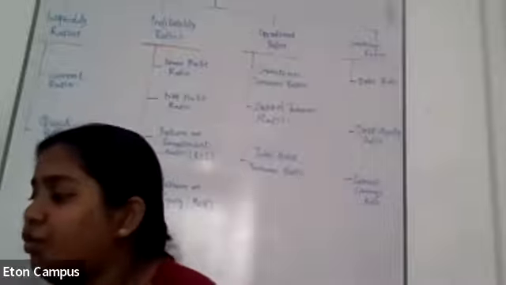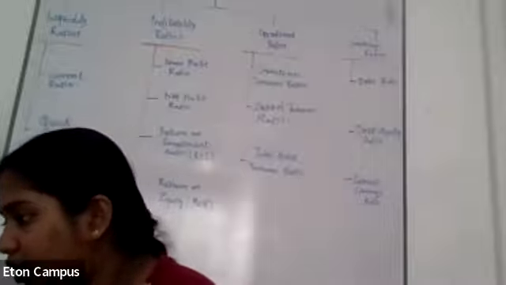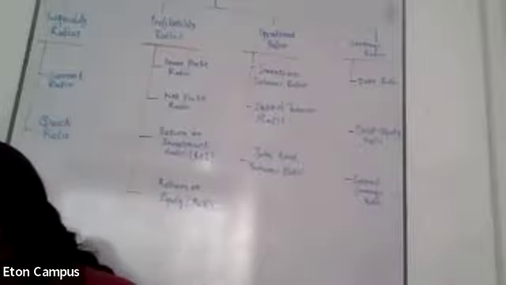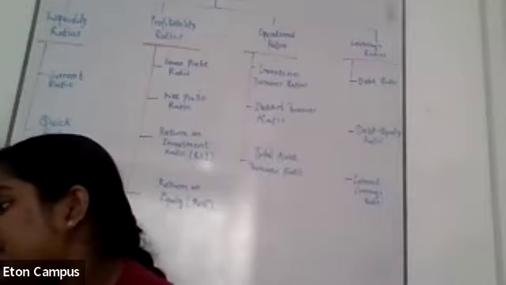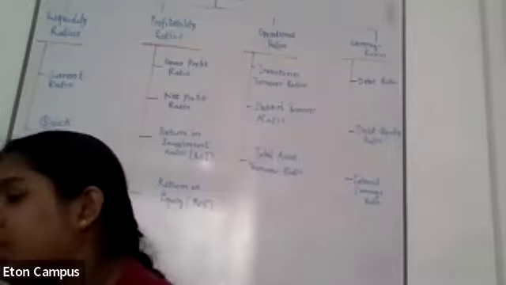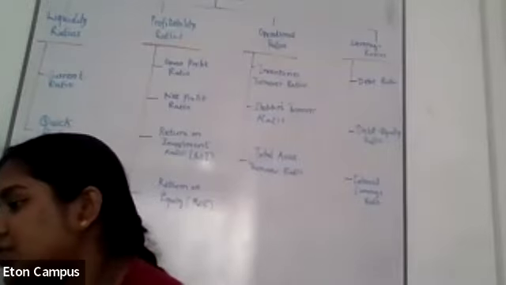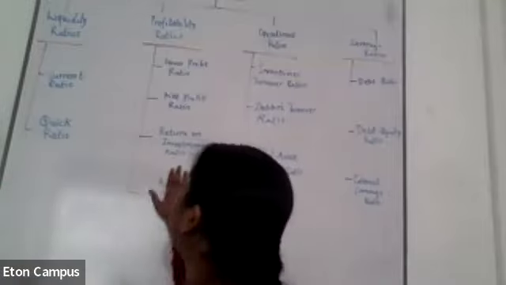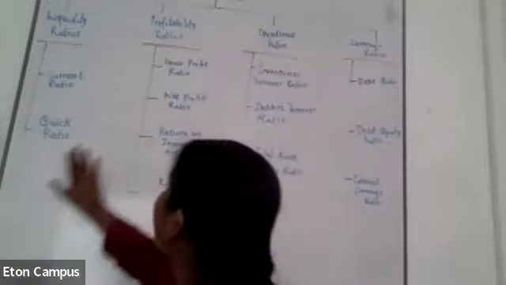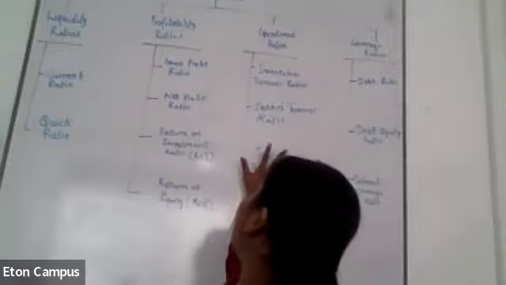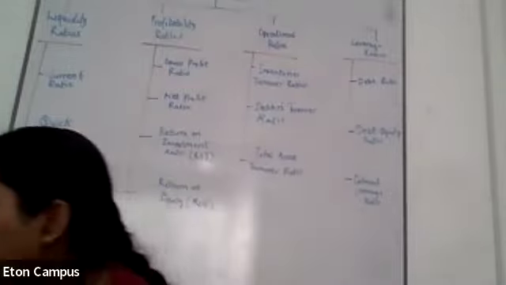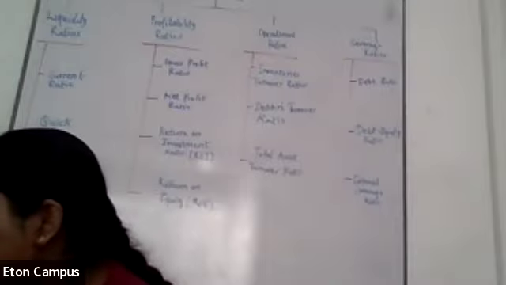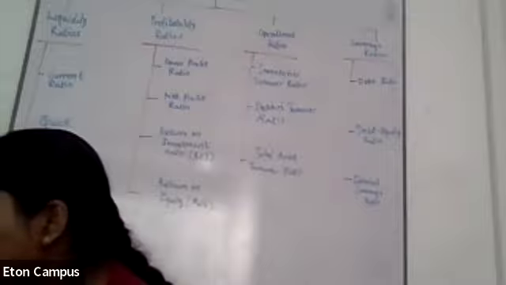Okay, so according to your module, we only have three types of ratios. I don't know why, but they have only given three types: profitability ratio, liquidity ratio, and leverage ratio.